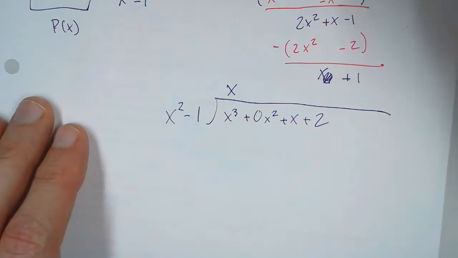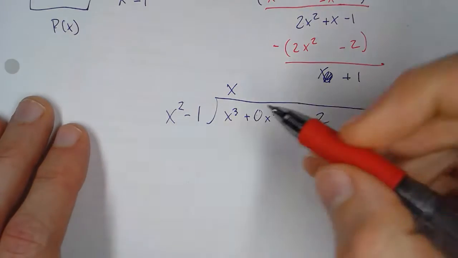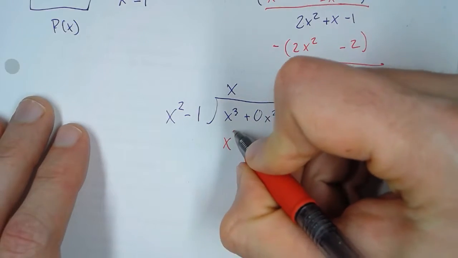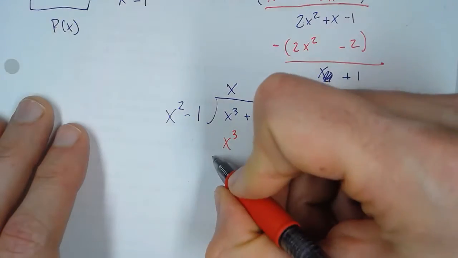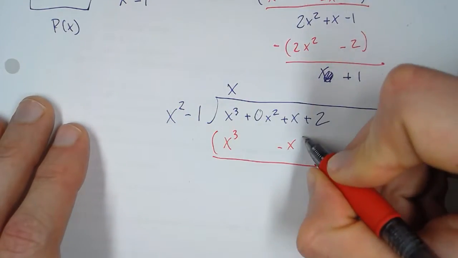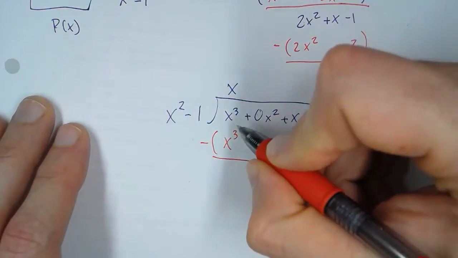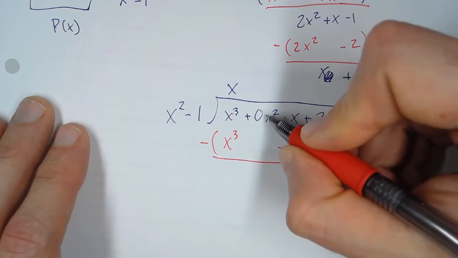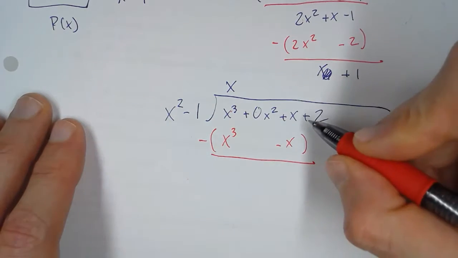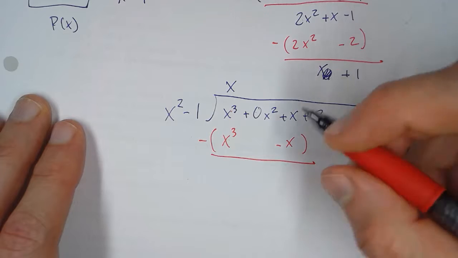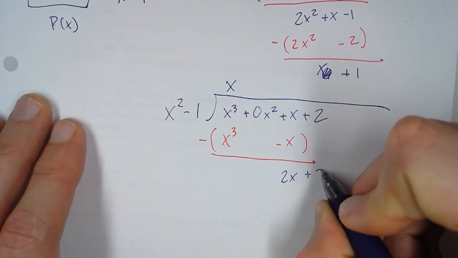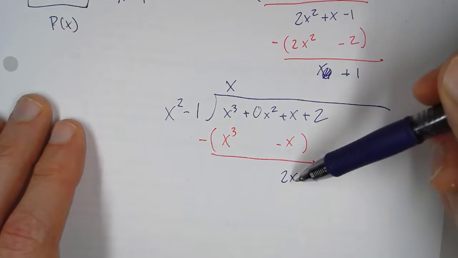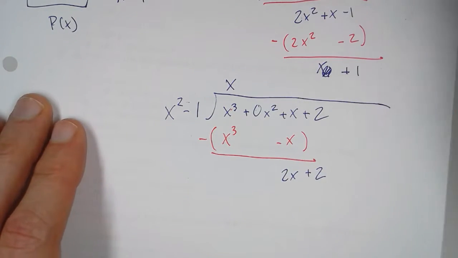And that is x. So x times x squared is x cubed. X times negative 1 is negative x. So we subtract these two, get nothing. There's nothing here, nothing here. This and this, when we do that, this comes down as 2x plus 2. Now, this is a lower power than that, so that's how we know we stop.